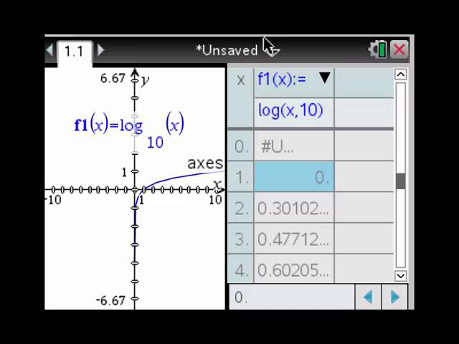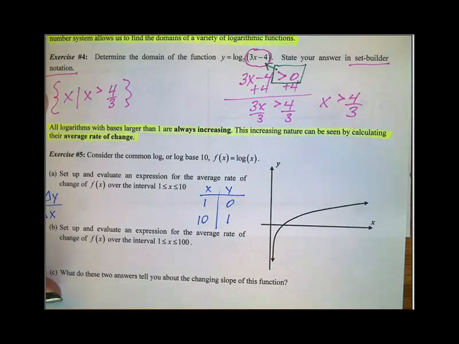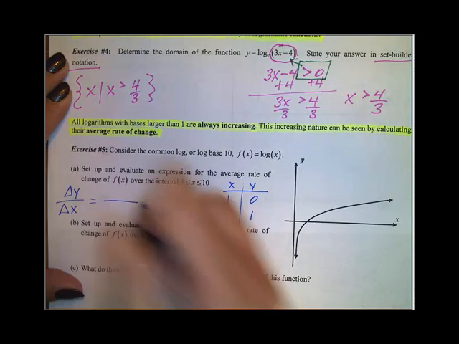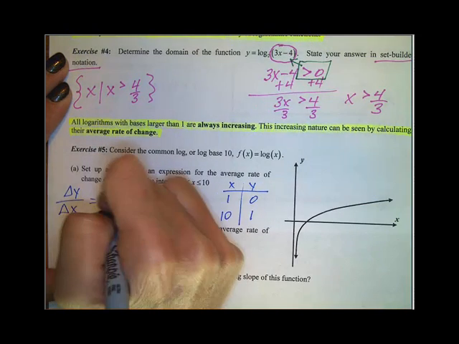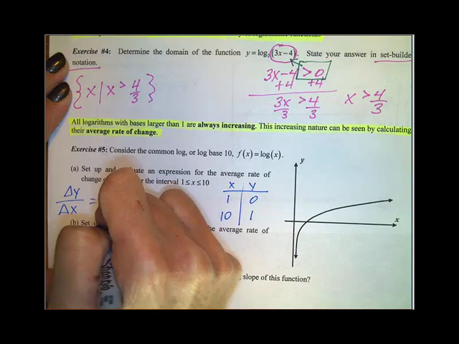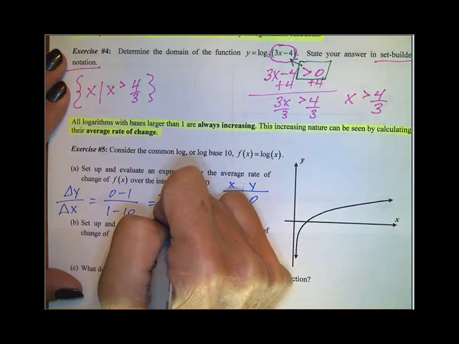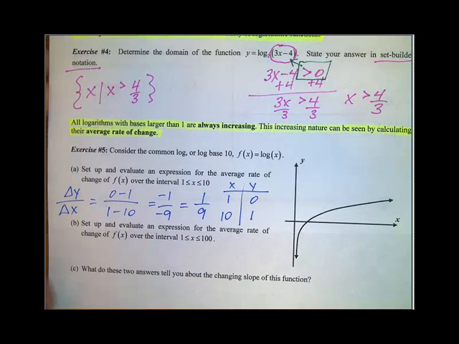So our average rate of change is the change in y over the change in x. So change in y, 0 minus 1, change in x, 1 minus 10. So we have negative 1 over negative 9, or 1/9.